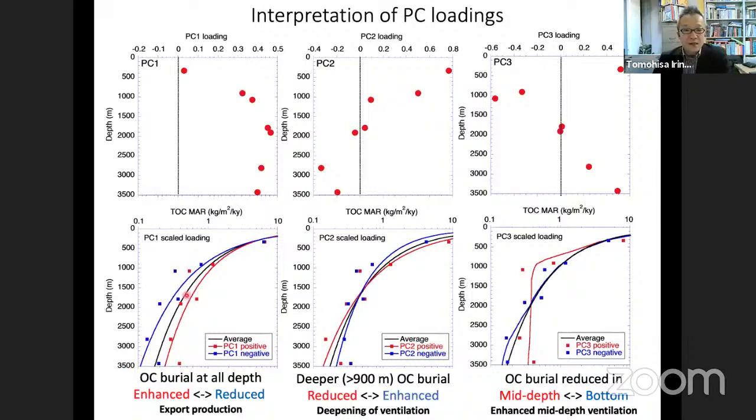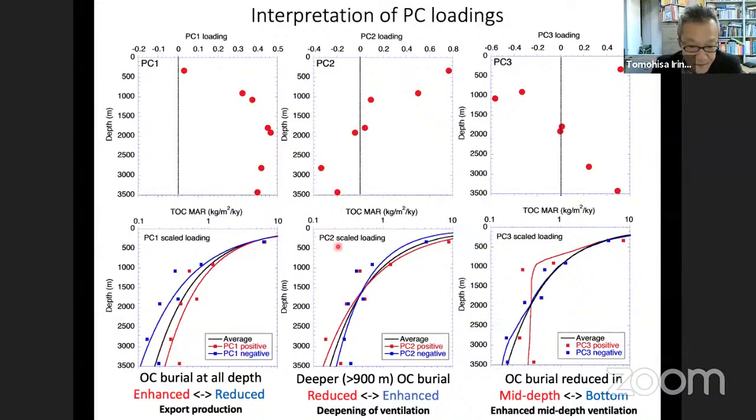And in the case of PC2, only the deeper part TOC flux is reduced, or the shallow part is relatively enhanced.